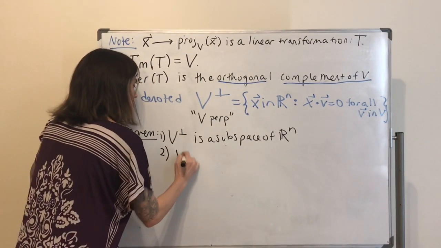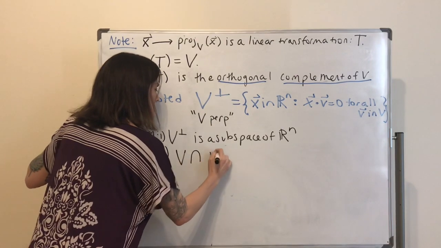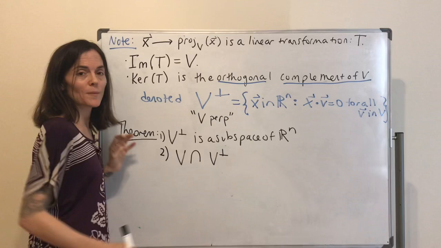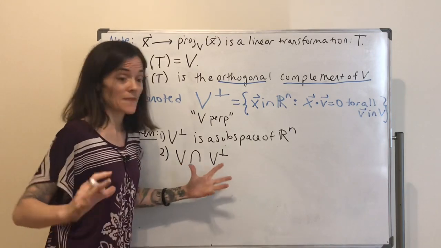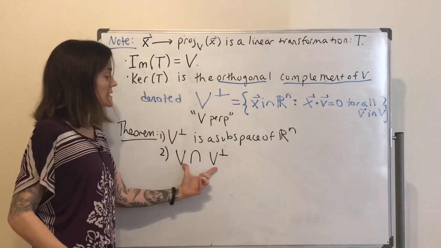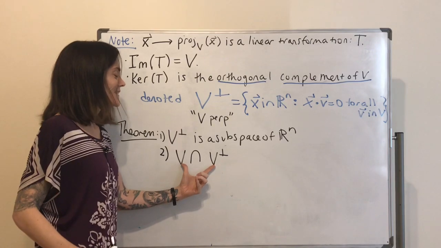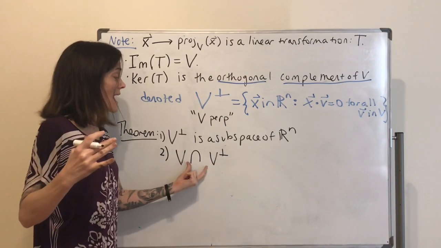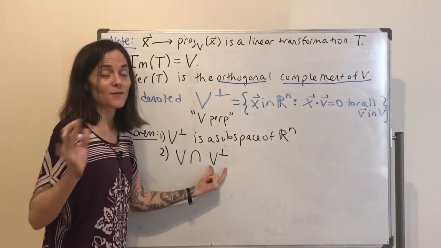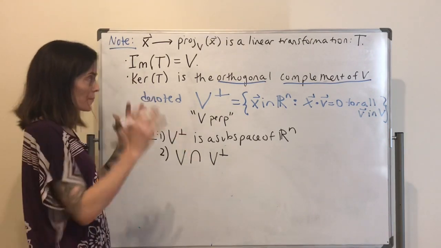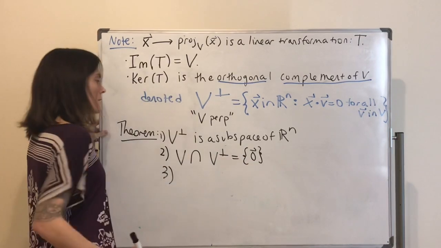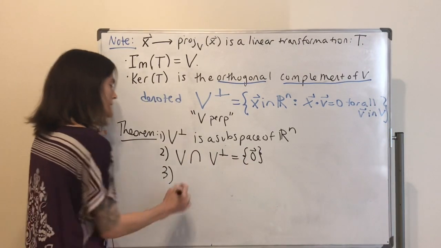For example, what else do I have to say? If you take V intersect V perp, if you have not seen what this is, this symbol means it's every element that is in both. So this is a set, and to be in this set means you are in V and you are in the orthogonal complement of V, or V perp. This is just 0. Okay, what else do I want to say about this?